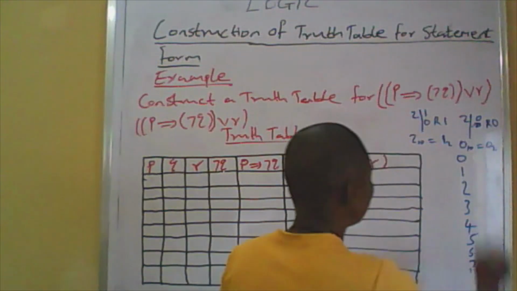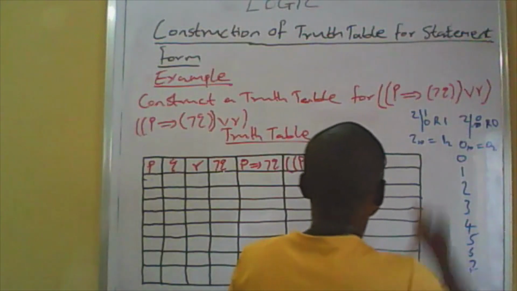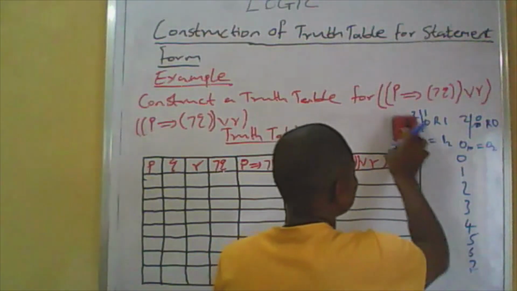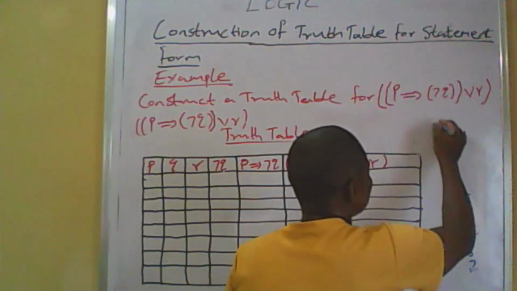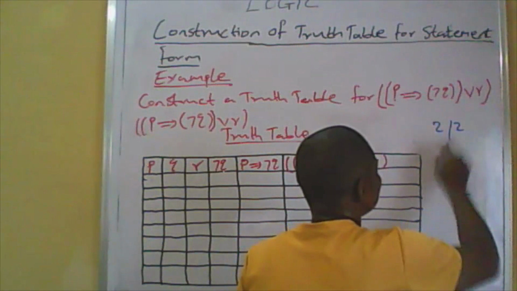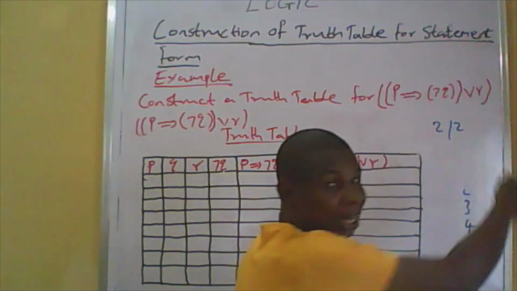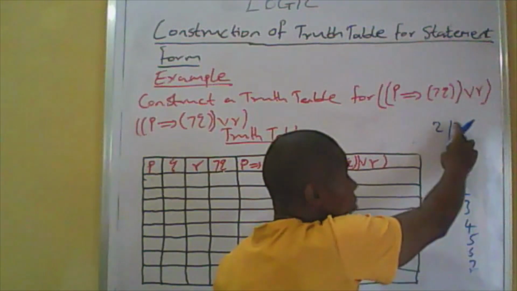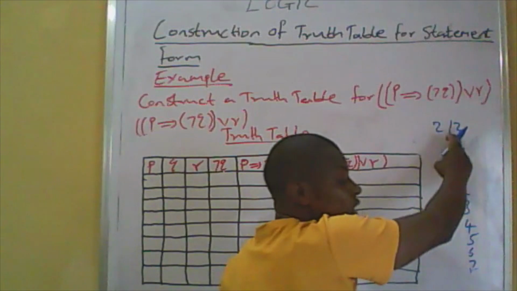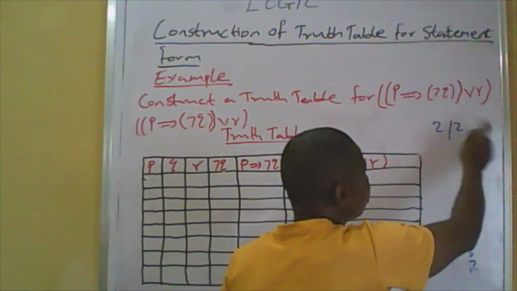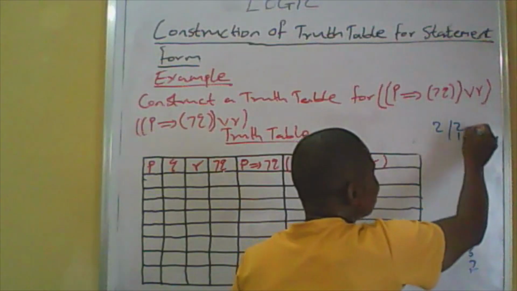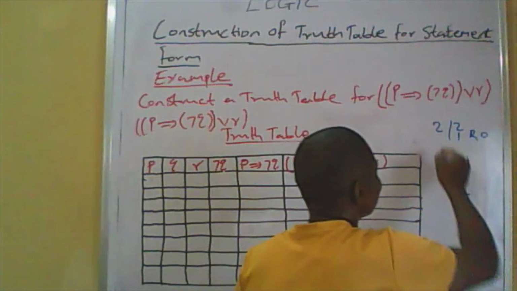Then what of 2? You want to convert 2 base 10 to a binary number. 2 divided by 2 is 1, remainder 0.